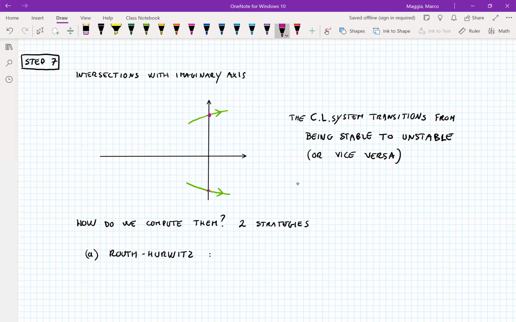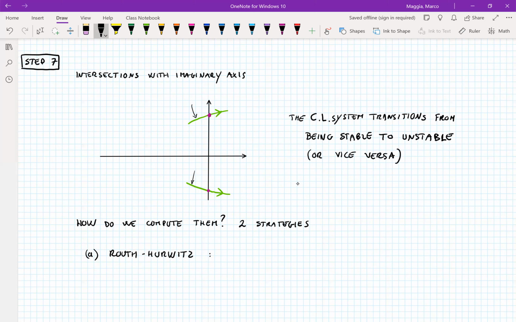Remember that these lines, the root locus branches, contain all the possible locations of the closed loop poles, and the closed loop poles will determine the stability of the system. So if we are on the left-hand side of the S-plane, our closed loop system is stable.